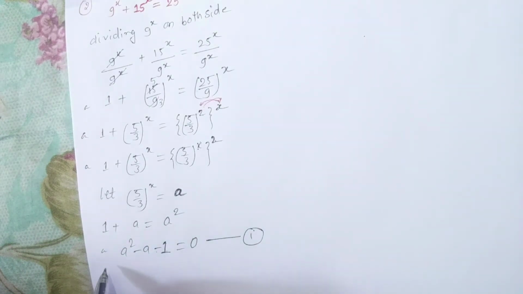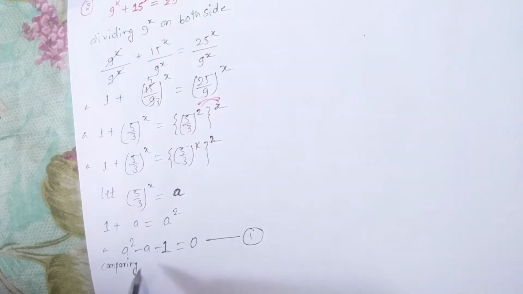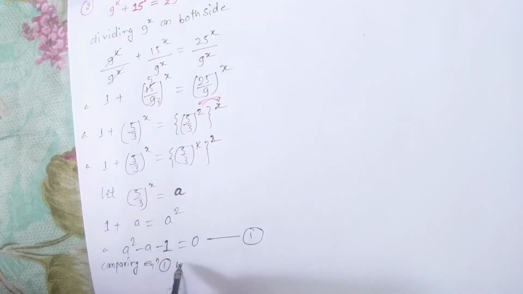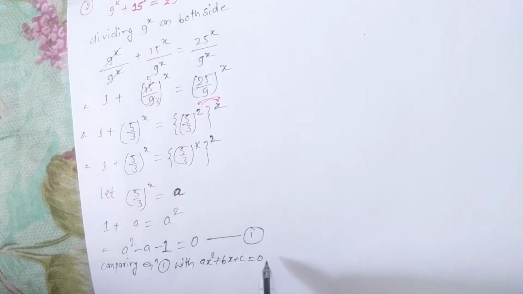Now we are going to compare this equation with the standard quadratic equation. Comparing equation 1 with the standard equation, that is ax square plus bx plus c is equal to 0, we get here the value of a.